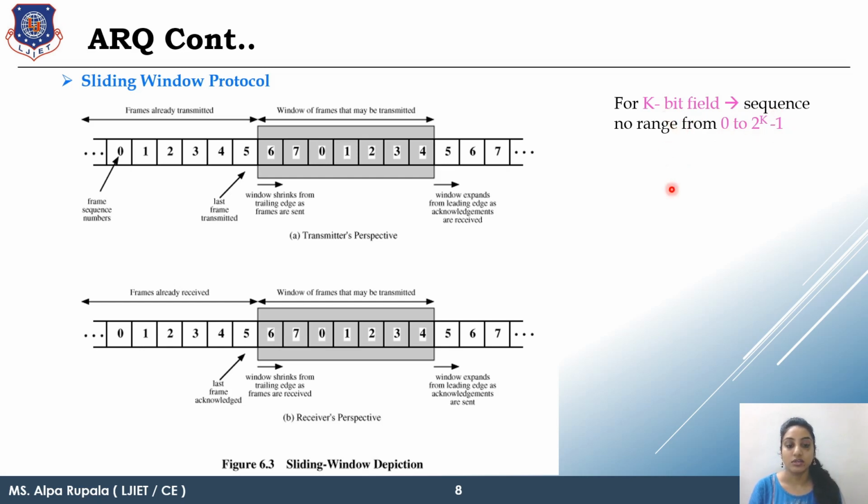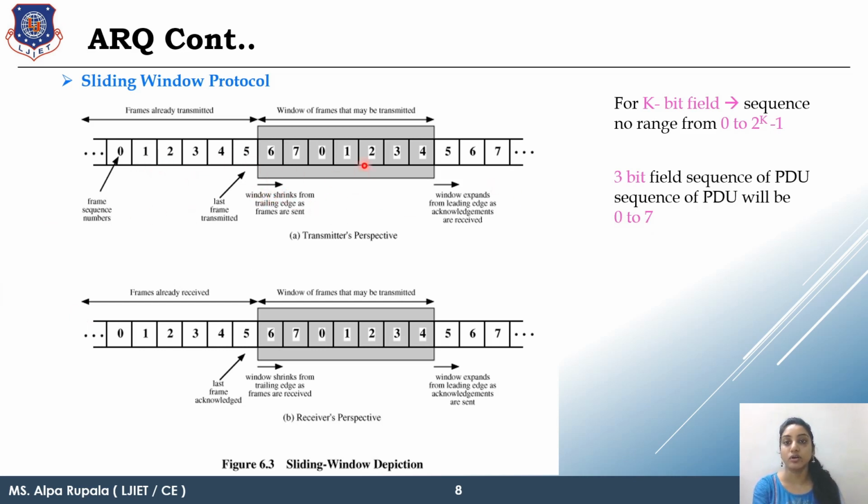For example, suppose I have a 3-bit field. So the sequence numbers of PDUs will run from 0 to 7, counted as 0 to 2 raised to 3, which is 8, minus 1, which is 7. So for 3-bit sequence data, I will have PDU sequence numbers starting from 0 to 7.